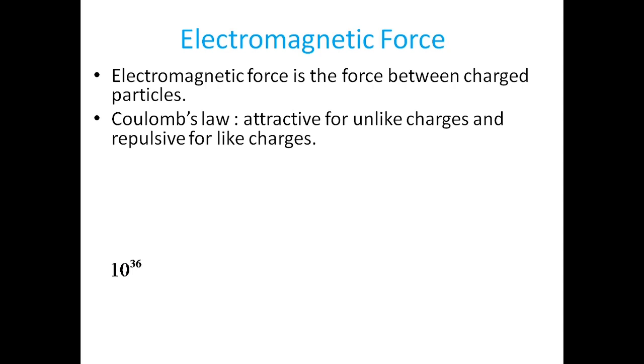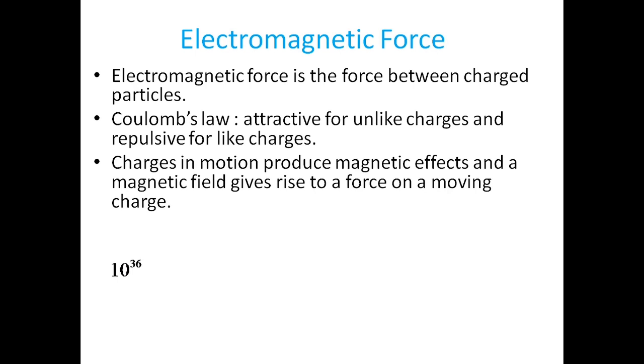According to Coulomb's law, attractive forces are for unlike charges, for a positive and negative. Let positive and negative be the two charges. They are opposite charges, they always attract. And repulsive for the same or like charges. So repulsive forces act between positive and positive, or negative and negative.